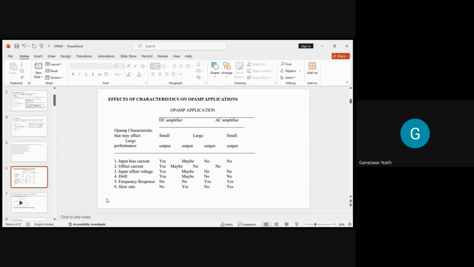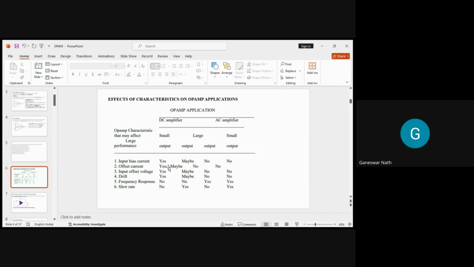So I just put it in tabular form. We can see the op-amp characteristics that may affect performance. For a DC amplifier, you can find a small output, and for an AC amplifier there is a large output, and also you can find a small output here. For input bias current you can find a small output.